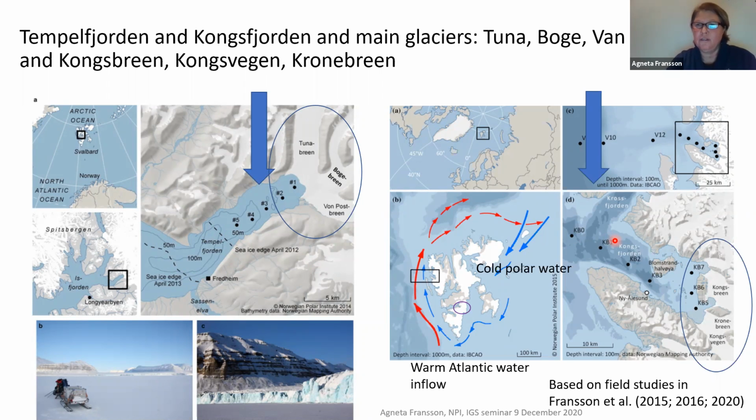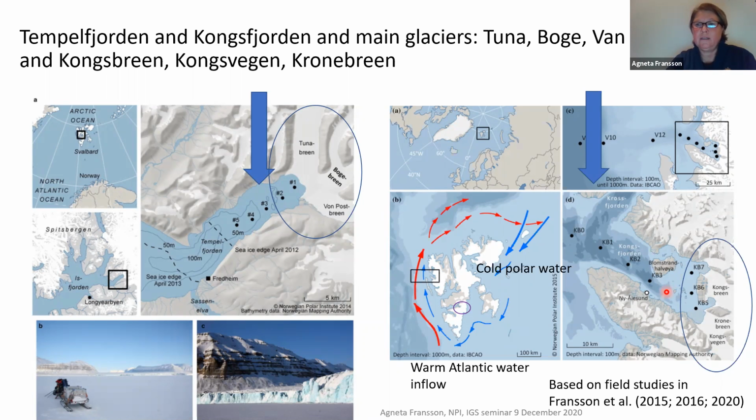And Kongsfjorden, to the right-hand side here, is a 20-kilometer long fjord. In the outer part there is no pronounced sill, but in the inner part of the fjord it has a shallow sill of about 20 meters depth. And there are also three main glaciers in the inner part of the fjord: Kongsbreen, Kronebreen, and Kongsvegen.